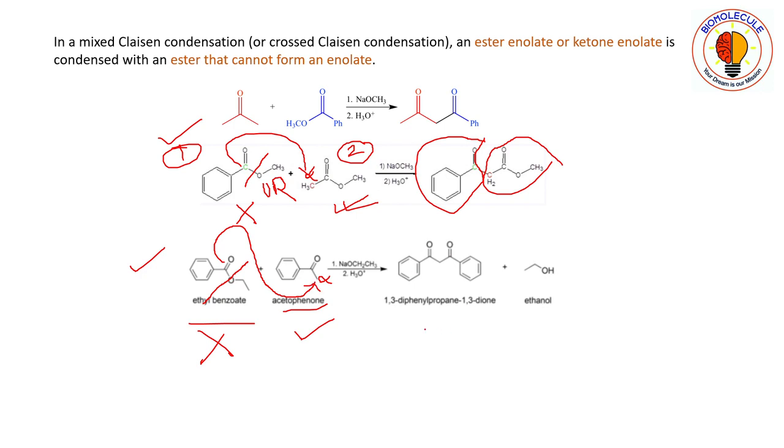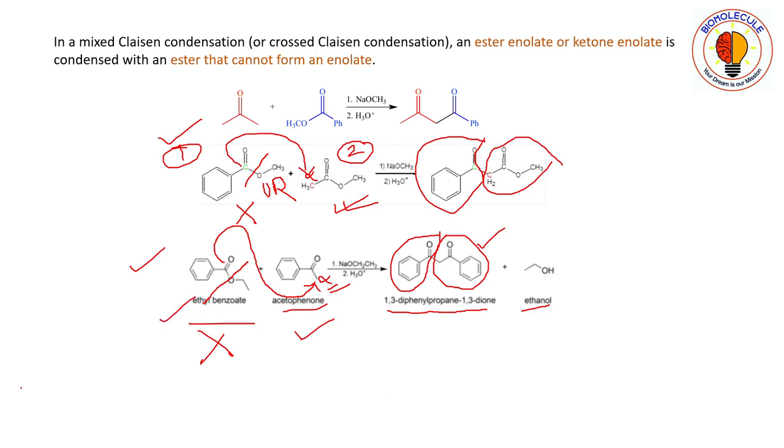You can see you are getting 1,3-diphenylpropane-1,3-dione and ethanol. This portion is coming from acetophenone, and this portion is coming from the ethyl benzoate part.